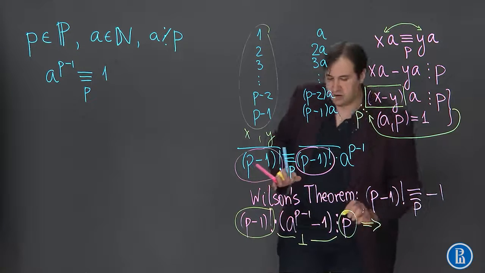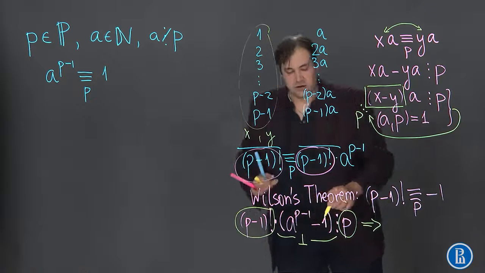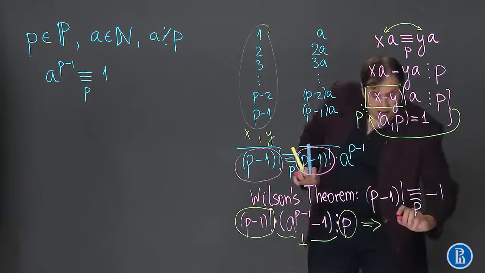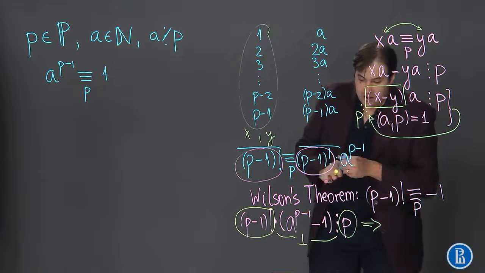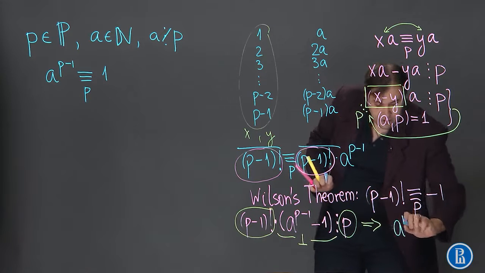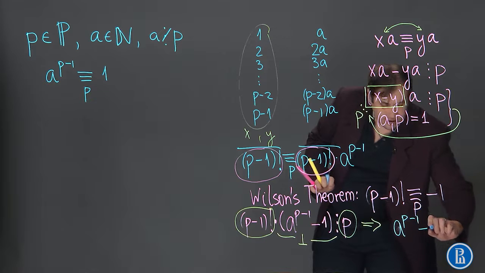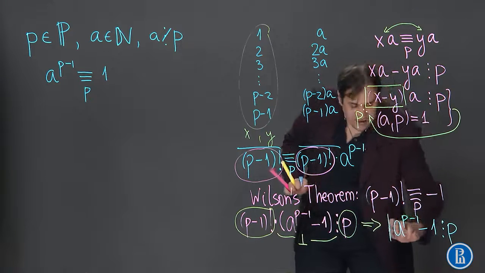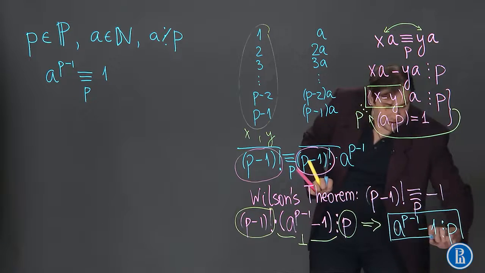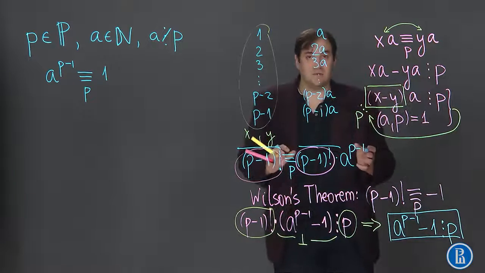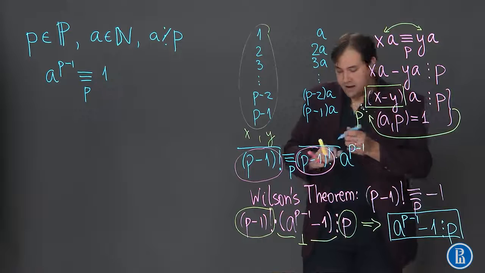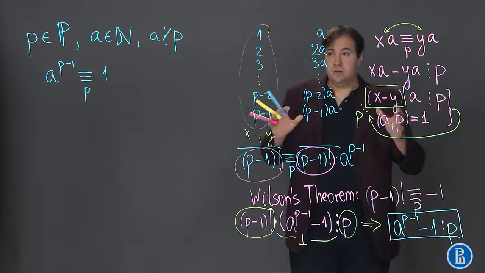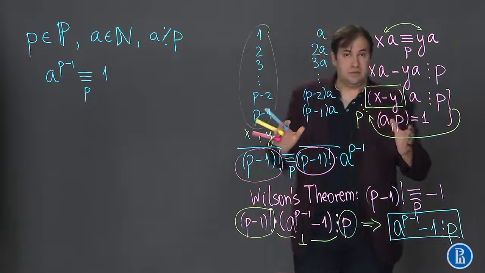So we can conclude that the second factor is actually divisible by p, and this means that indeed a to the power of p minus 1 is, well, I will write it as a divisibility, but we understand that this means exactly the claim of Fermat's small theorem. So this is the general proof, which works for all prime numbers p.